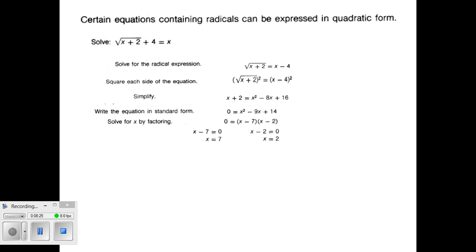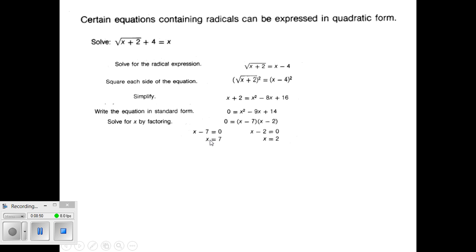It does factor. It offers us 2 solutions in x, those being 7 and 2. I have to give some suspicion to one or the other of these because, again, initially my highest power was x to the first, which gives rise to me suspecting I'm only going to find one solution.